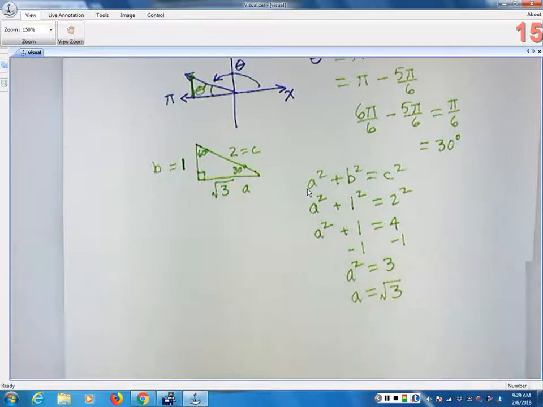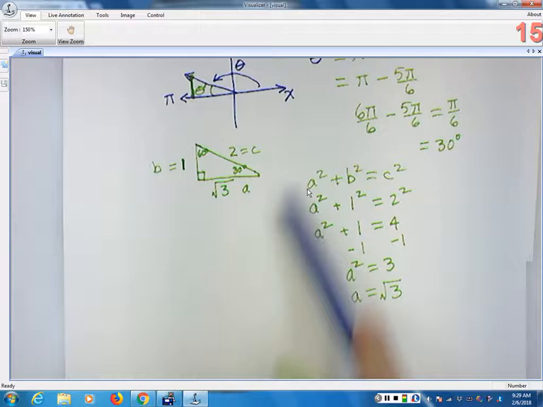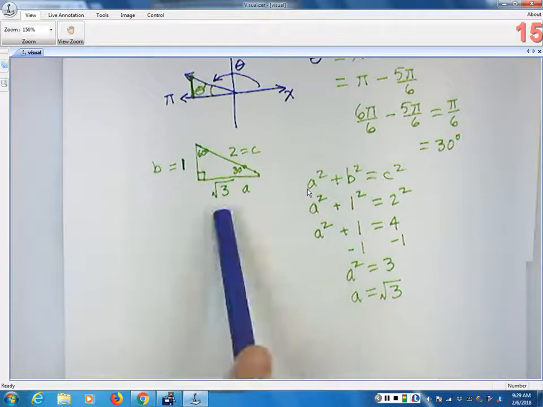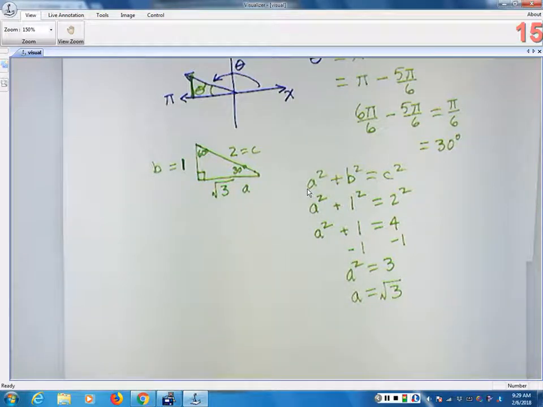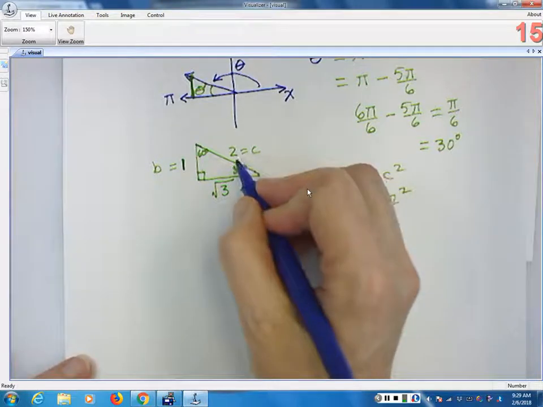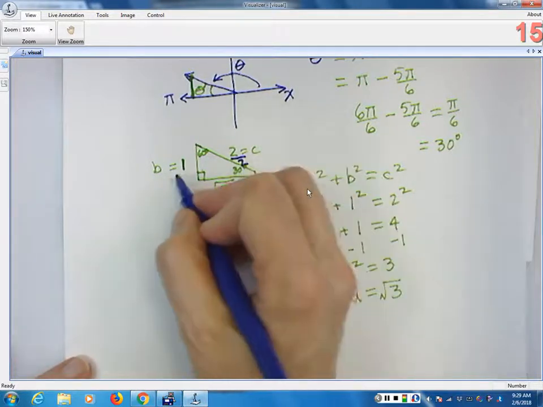So yes, you can, and you need to do this on other problems, but you should have this one memorized. Or if you actually do fill out the blank unit circle, you could see it on the unit circle. What would we have to do to these sides to make this fit on the unit circle? Divide each side by 2.